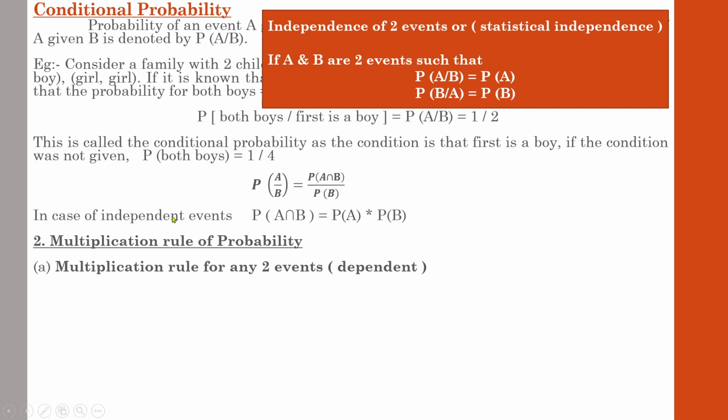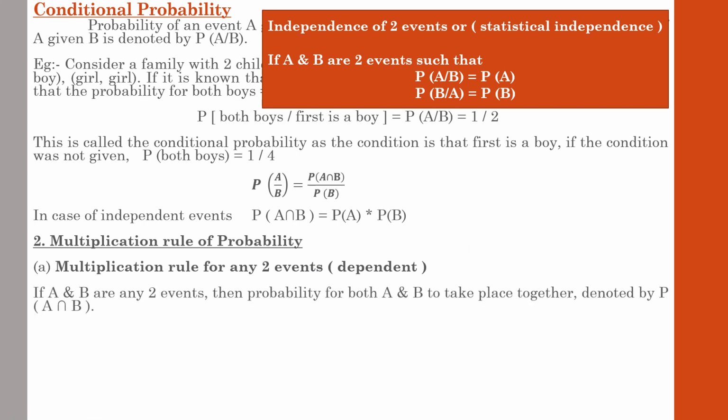One is multiplication rule for any two events, especially in case of dependent events. If A and B are any two events, then the probability of both A and B to take place together is denoted by P within brackets A intersection B. Remember, in case of addition, the equation is quite different.